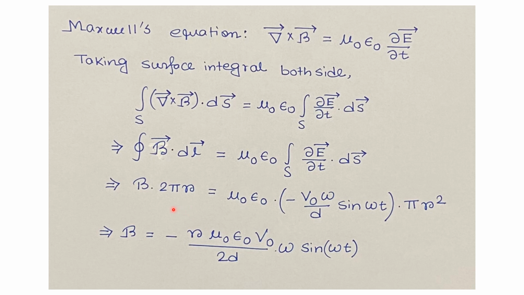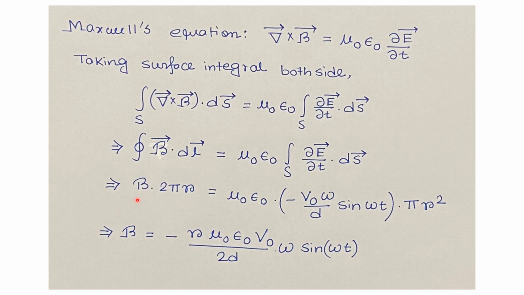Here the line integral part will give B times 2 pi r. Here 2 pi r is the circumference of the small loop having radius r that we considered in the first slide, and that is equal to mu naught times epsilon naught times del E by del t, that will give minus V0 omega divided by d times sin(omega t), times the surface area of the circular loop, that is pi r squared.